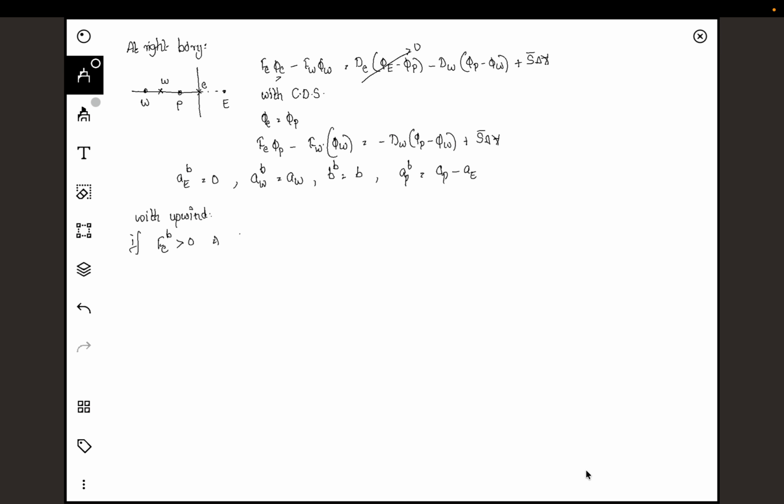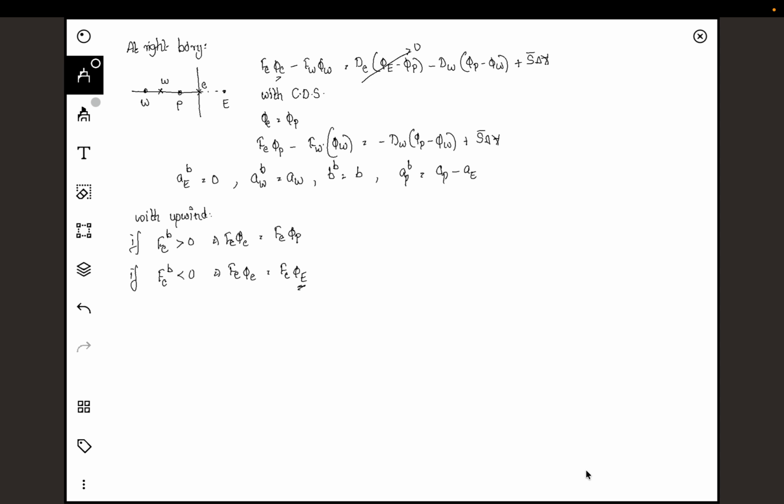All you have to do is phi e will become phi P. So nothing much, but east will not have any variable. But for suppose F east is negative, then according to our logic, this should become something like this.